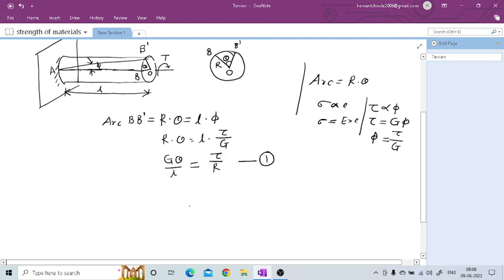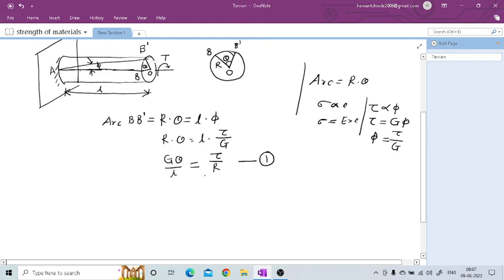Now if I put the value of R as 0, means at point O, then the shear stress will become 0. Means along this radius, if you go outward, the shear stress value is going to increase. And here tau means tau max, maximum shear stress, R means maximum radius.